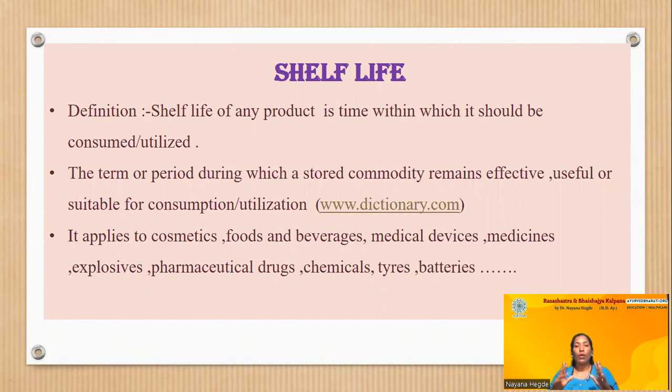It is the period during which a stored commodity remains effective, useful or suitable for consumption or utilization. एक stored commodity एक पीरियड तक इफेक्टिव रहता है, यूजफुल रहता है, सो दैट हम उसको यूटिलाइज कर सकते हैं और कंज्यूम कर सकते हैं. उस पीरियड को शेल्फ लाइफ बोलते हैं.